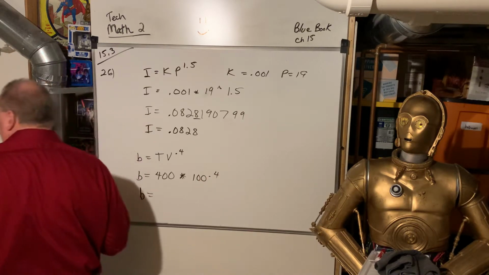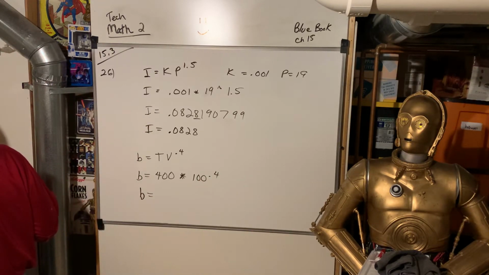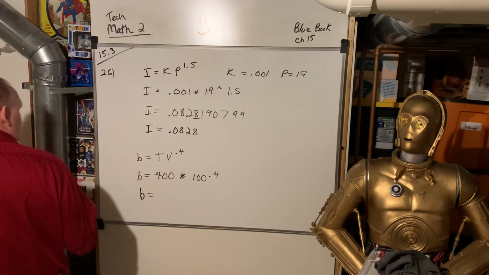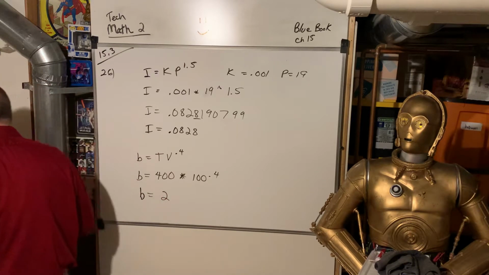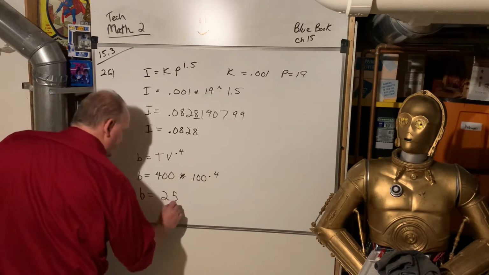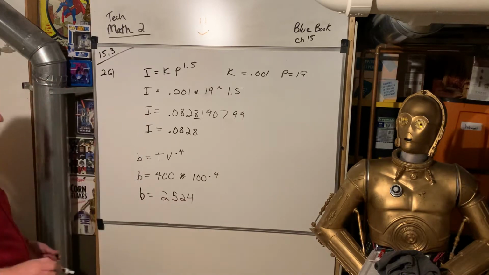So you click that into the old calculator and round to a whole number, it said for B, so 2,524. 2,524. Okie dokie.